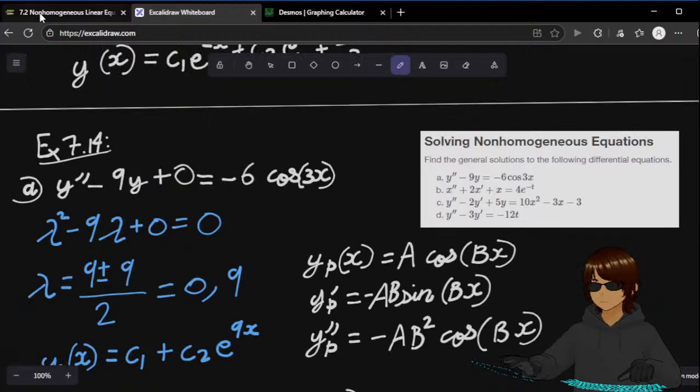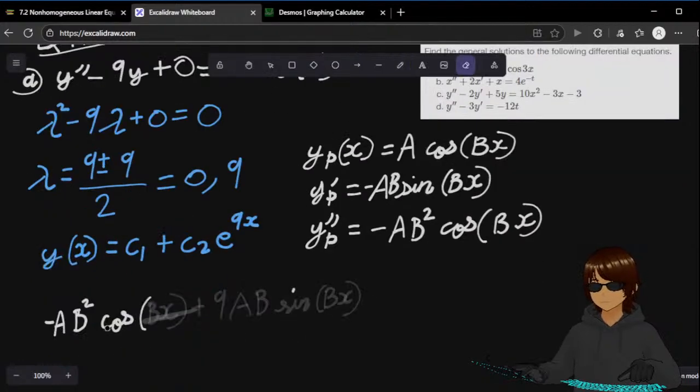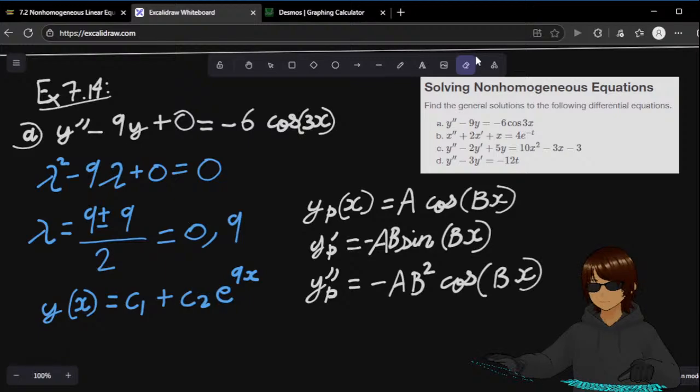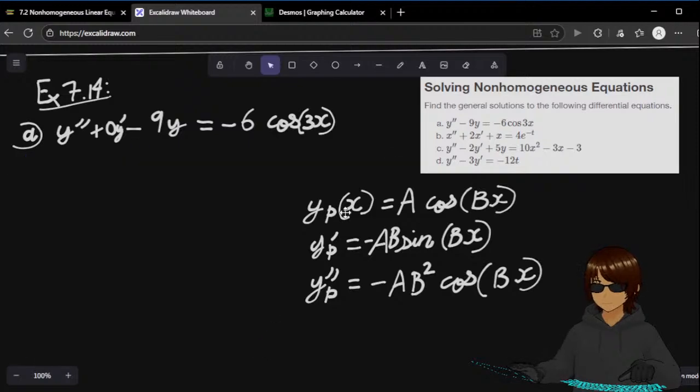Did I get this wrong? Oh, I'm treating this as, wait, I got the entire thing wrong. Plus 0y. This is wrong. So yp is this, the double derivative. Okay.